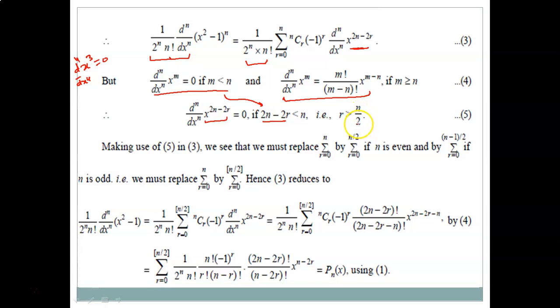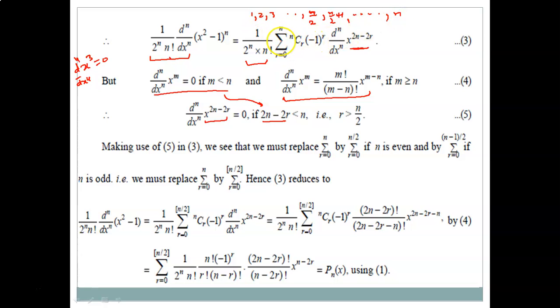Because here, in equation 3, the value of r is varying from 0 to n, so of course n by 2 will be before n. So when you take 1, 2, 3, etc., somewhere you will have n by 2, then n by 2 plus 1 and so on, and then you will have n.